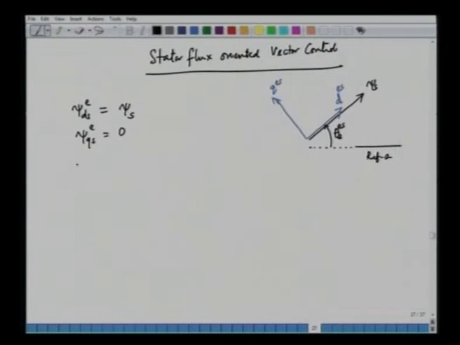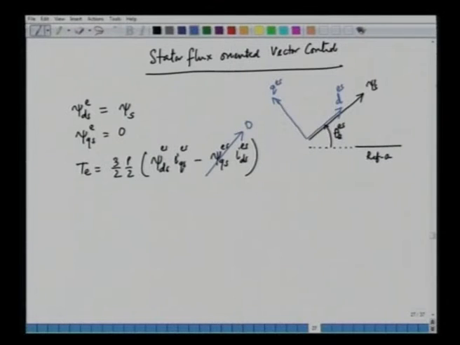and the torque can be written in the following fashion: T E is equal to 3 by 2 into P by 2 into (psi ds Es into I qs Es minus psi qs Es into I ds Es), and we have assumed that psi qs is equal to 0.